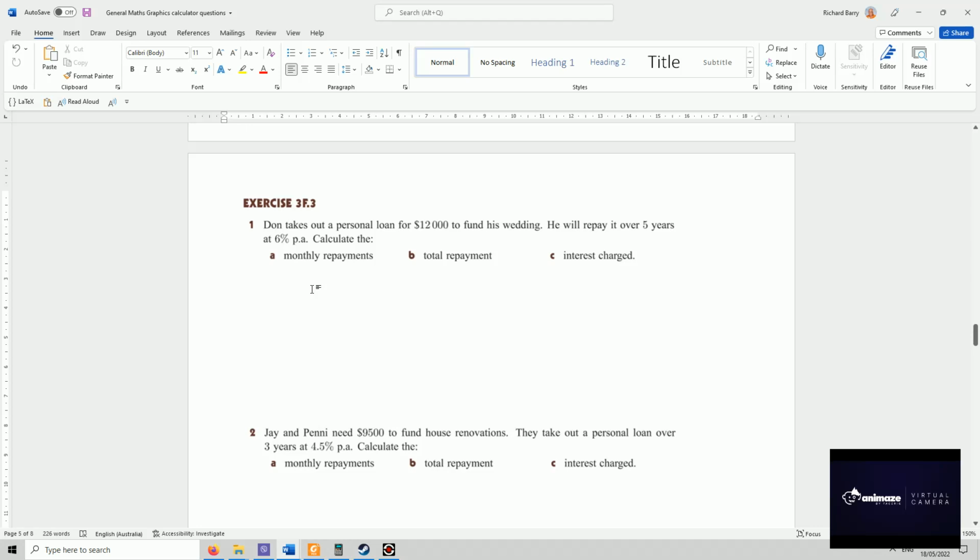Okay, so let's have a look at this question from the ground up. Future value will equal 0. It's going to be paid off. That's what paid off means. Repaid. PV equals $12,000.